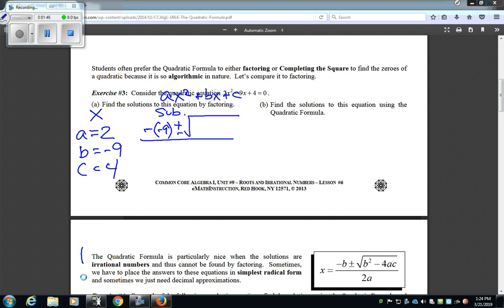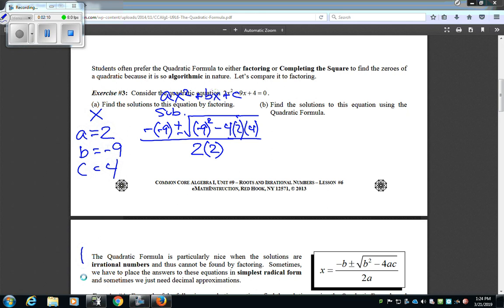And after that we have B squared, so I have (-9) squared, minus 4, and then A, which is 2, and C, which is 4. And then that's all over 2A, so it's 2, and then in parentheses next to it would be a 2. So you'll notice that every time I saw a letter, I put the number in parentheses in that spot.